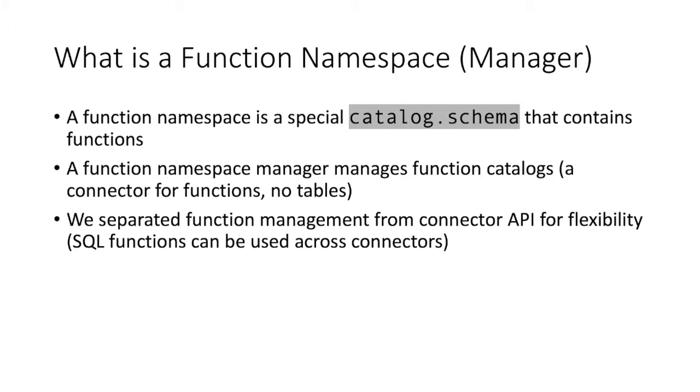Essentially, if we're talking about SQL functions, these functions are implemented in SQL, which means that they don't need to be tied to specific table sets, right? In the normal sense, catalog.schema has tables in them, and these can be Hive tables, MySQL tables, or other connector tables. But the functions don't have to only work for that catalog schema, which is why we separated it as a different plugin API.